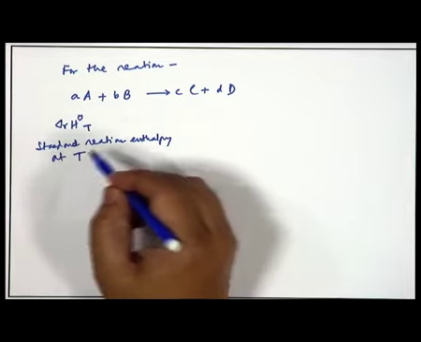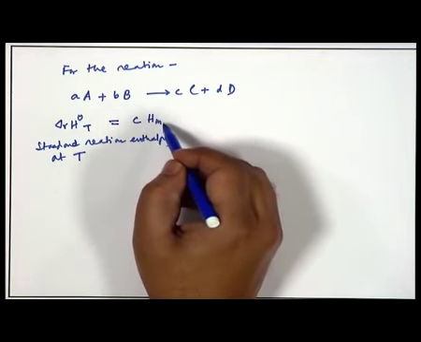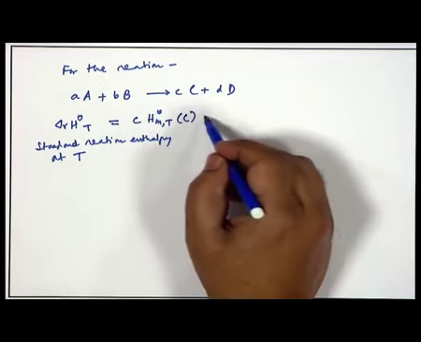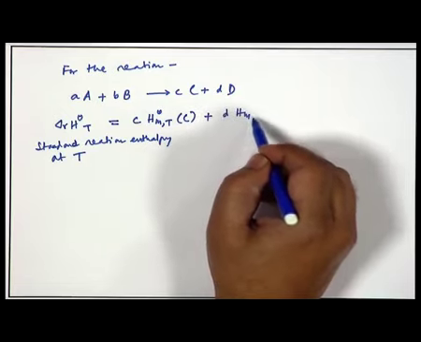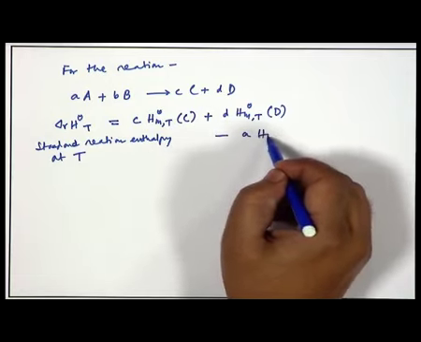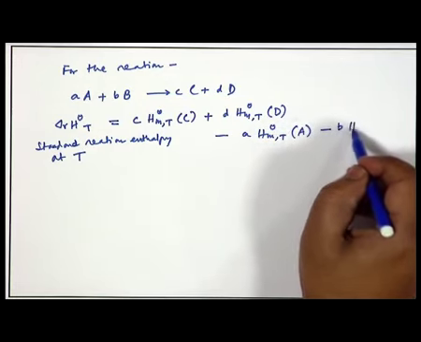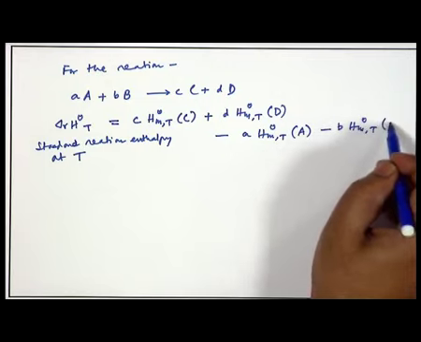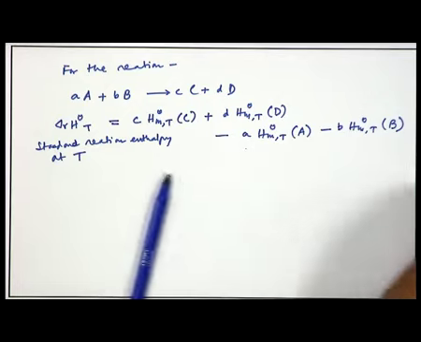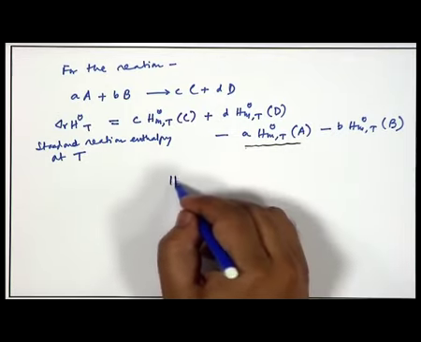At T it would be given by C HM T C plus D HM T D minus A HM T A minus B HM T B. Now, this HM, for example, HMT, if I just want to mention this quantity, I can write separately.